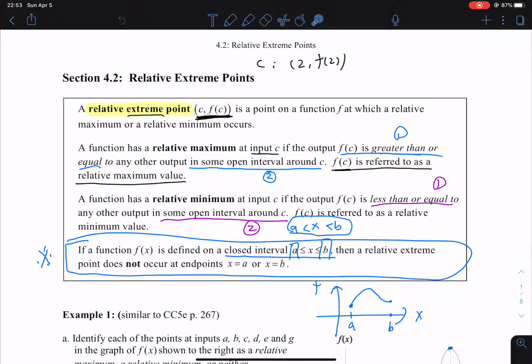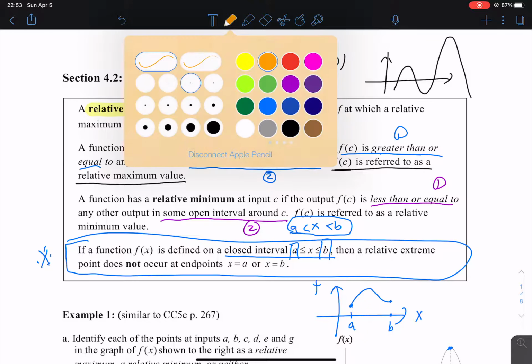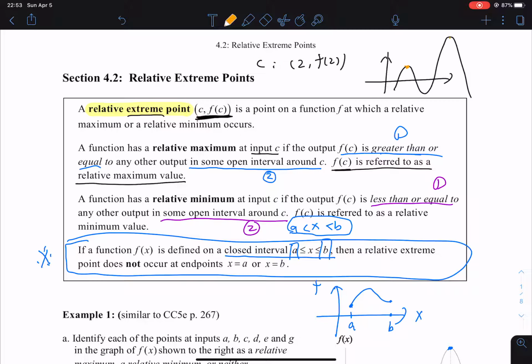From this, we know that for a continuous function, we can have many relative extreme points. For example, in this one, based on the definition, we have two relative maximum points. This is the first one, this is the second one.